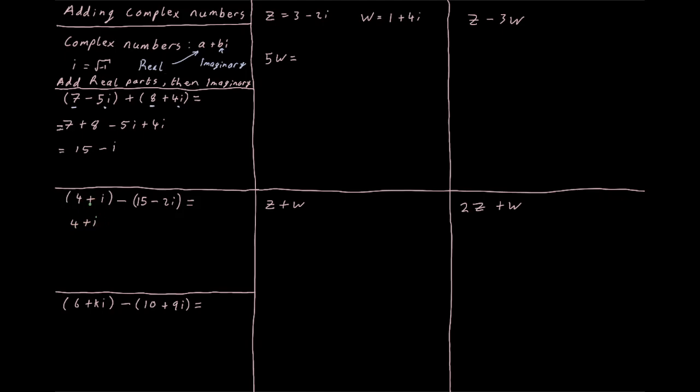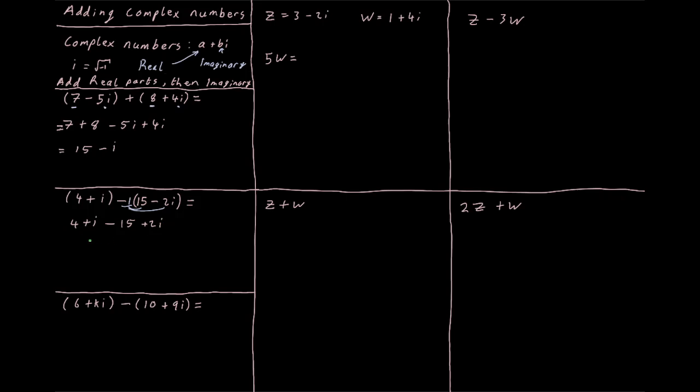There's nothing multiplying that bracket, so it just works out the same. We have 1 of that bracket, but we're subtracting 1 of this bracket, so we're going to have minus 15. We can imagine there's a minus 1 here if it makes it more comfortable, but we're subtracting 1 of this bracket, so we're going to be taking both of those things away. So we are going to have minus 15, and minus 2i is the same as plus 2i.